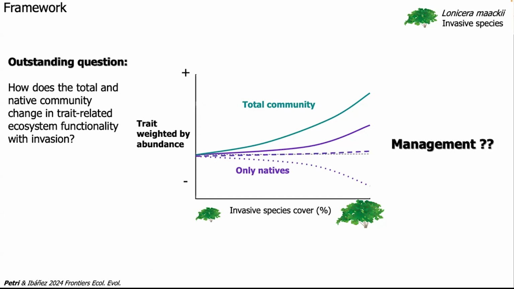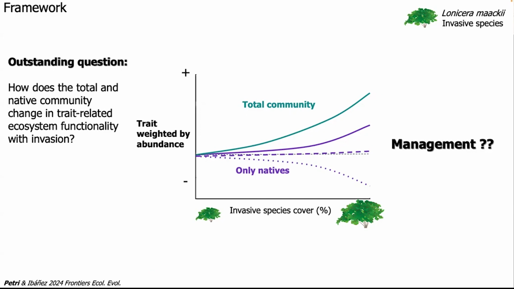When we think about those three scenarios, which we usually don't think about, only the native species when they are invaded by those invasive species, it's like thinking about management. If I remove invasive species from this community, if the scenario is that everything is flat in the native community, that would be okay, because I'm removing those invasive species and our native community has similar traits and likely similar functions.